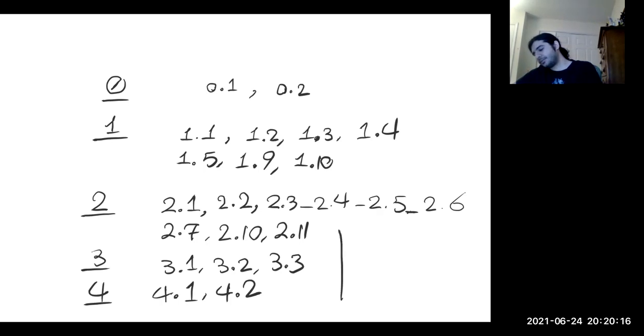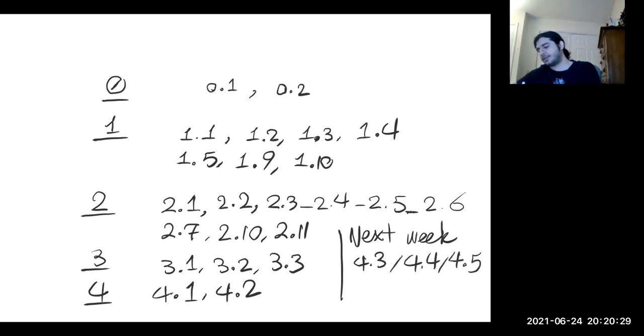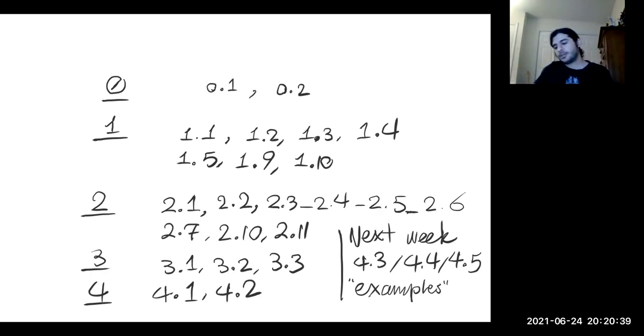Next week, I'm going to just solve more examples about potential equations. If you look at the book, 4.3, 4.4 and 4.5 are just examples. I'm not going to really teach anything new next week because it's very close to the exam, so I'm going to just solve these more examples about the potential equation.